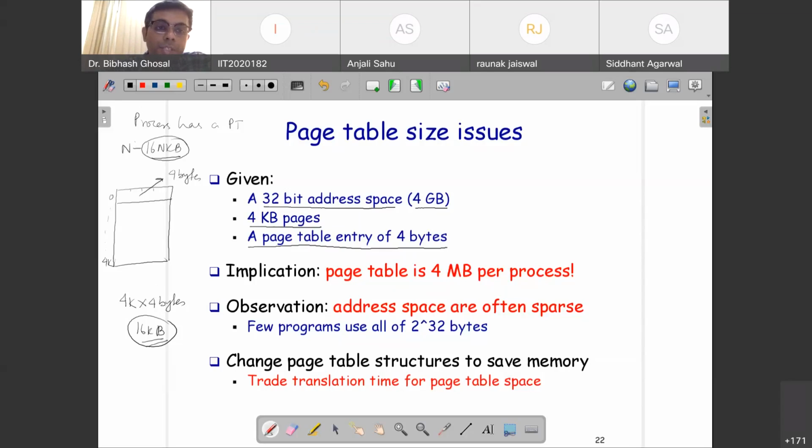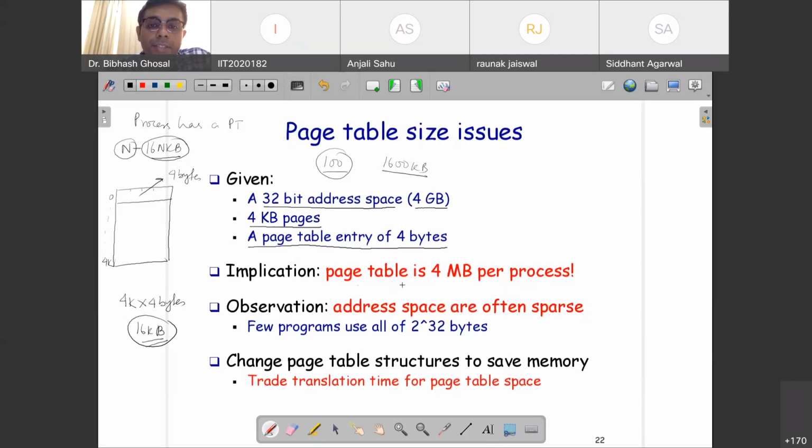The n processes themselves will require some size, and in addition 16n KB is additional space for holding the page table of each process. Look at this. Suppose you are running about 100 processes, so it's 1600 KB only for page tables.